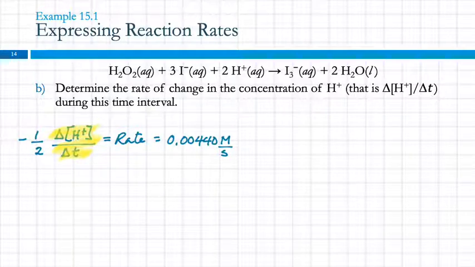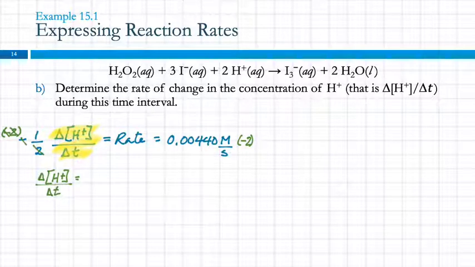If I multiply by -2 here and -2 there, the 2's cancel out and the negatives cancel out, and I'm left with the change in hydrogen ion concentration over the change in time. So delta H plus over delta T is going to be what? Negative 0.00880.